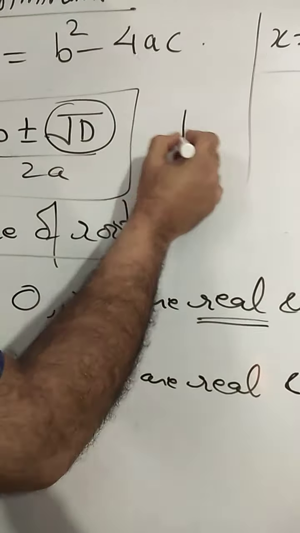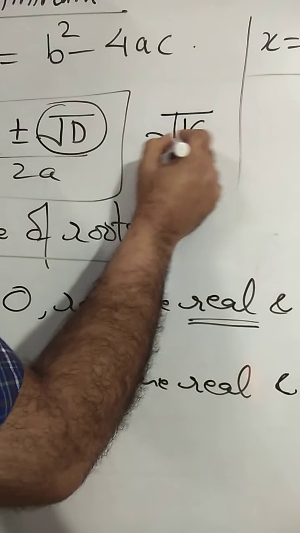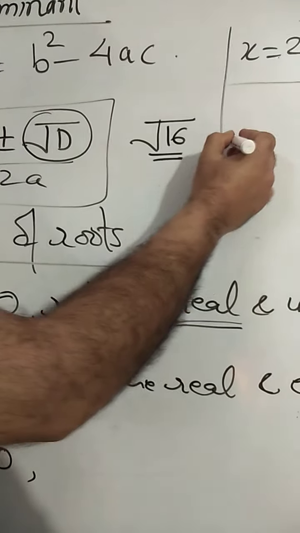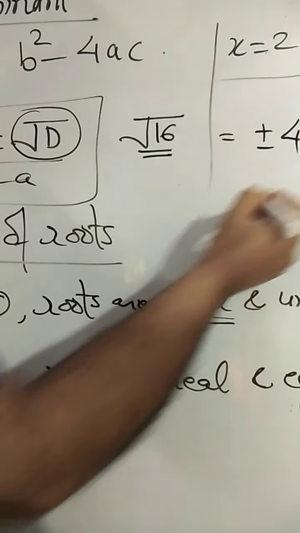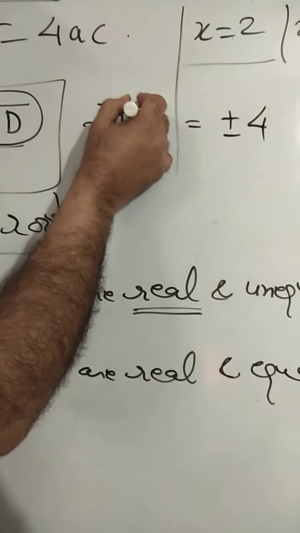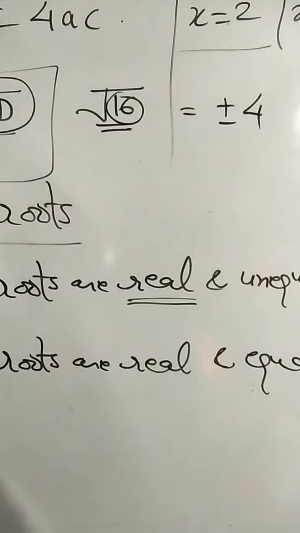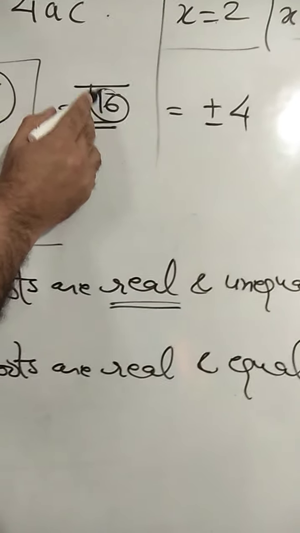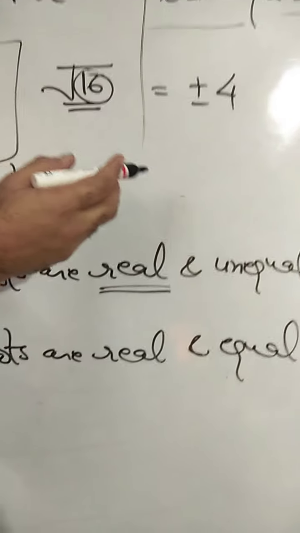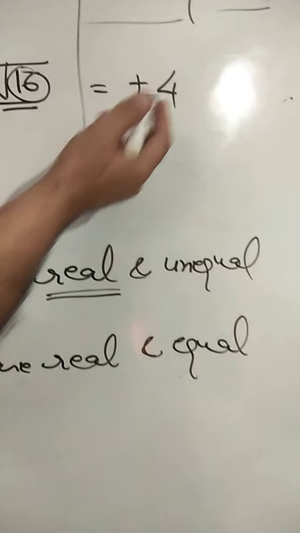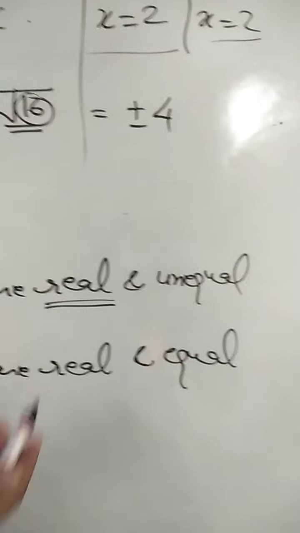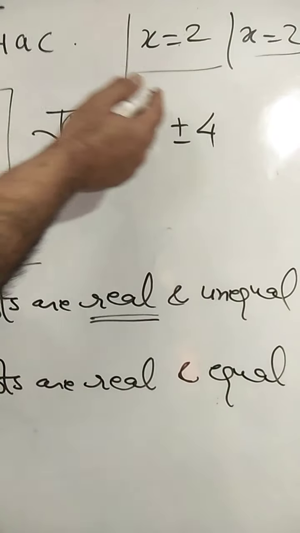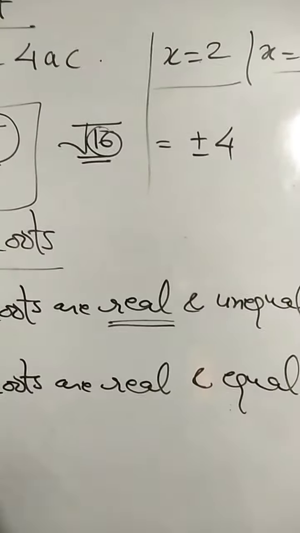Why? Because if we are asked to find the square root of 16, we have the answer. You know what is the answer? Plus minus 4. Meaning of finding square root means finding such a number whose square is 16. So there are two numbers, 4 square is 16 and minus 4 square is also 16. That is why we place plus and minus sign along with the square root sign.